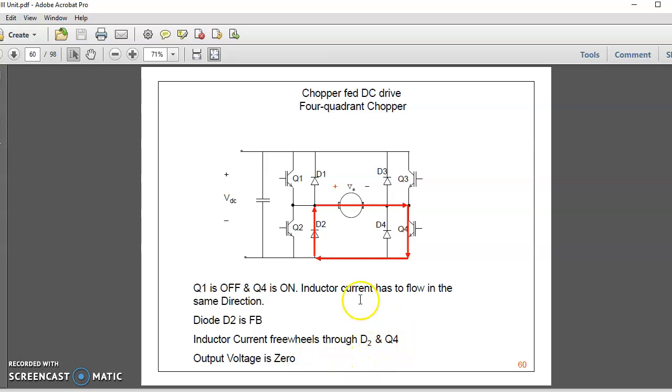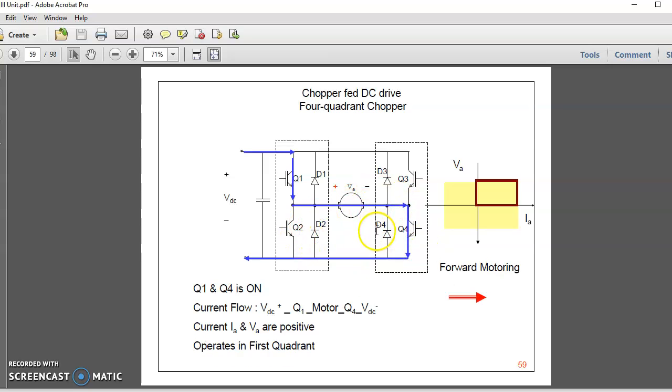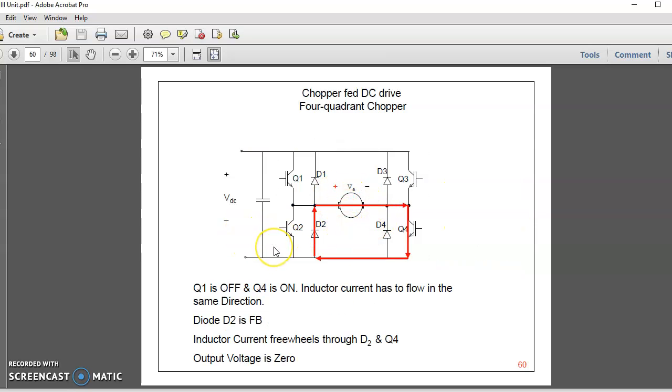During this period the output voltage will be 0 volt. In the previous case, when Q1 and Q4 are conducting, the voltage across the armature is the same as the input voltage, but when only D2 and Q4 are conducting, the output voltage will be 0 volt.